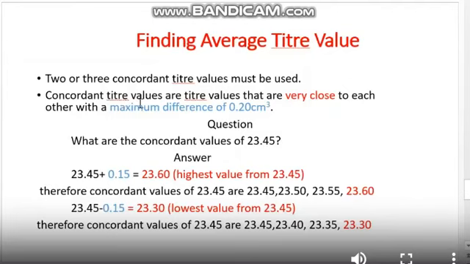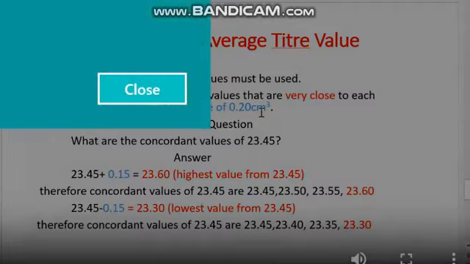From the meaning of concordant theta values, it says they are theta values that are very close to each other with a maximum difference of 0.20. The difference can be 0.1, the difference can be 0.15, and the difference can be 0.20 as maximum. So we are choosing 0.15 to be our difference factor, to be on a safer side.